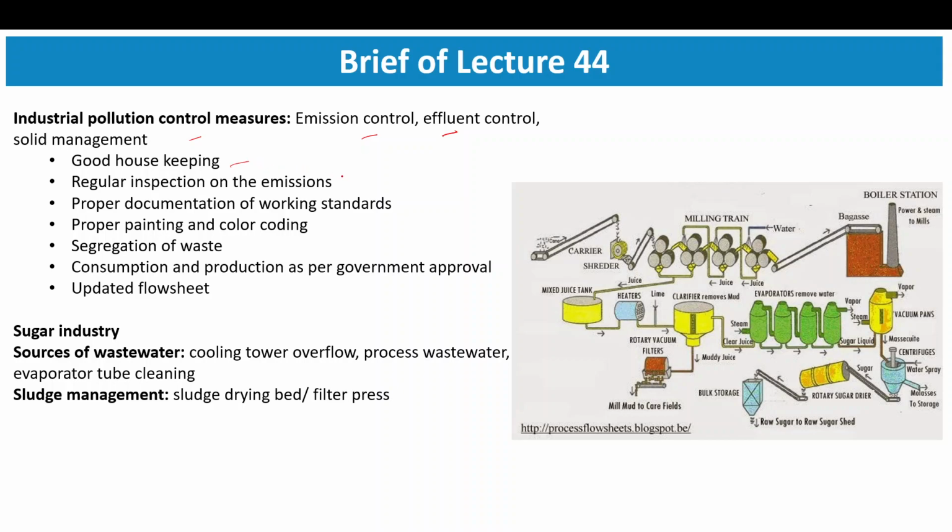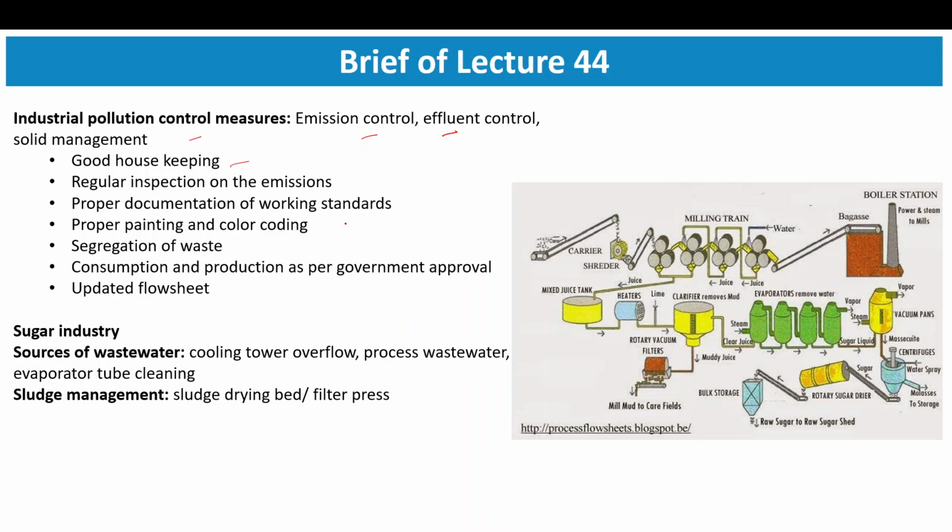Then regular inspection is required so that everything is monitored. Then the working standards and standard operating procedures need to be properly documented so that if anyone wants to refer to them, it will be easier.